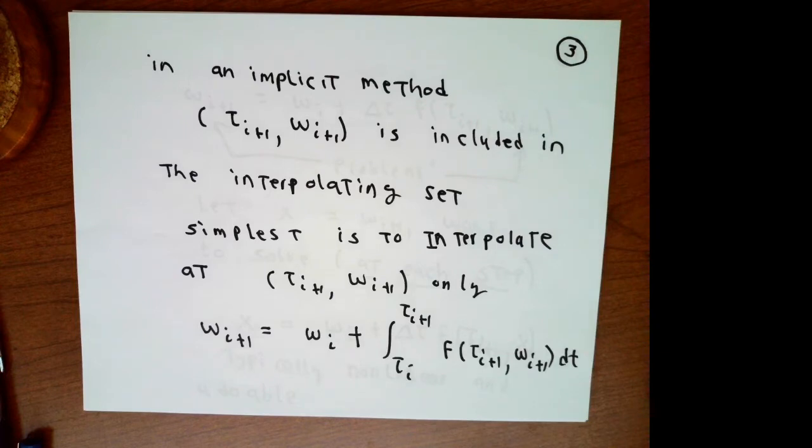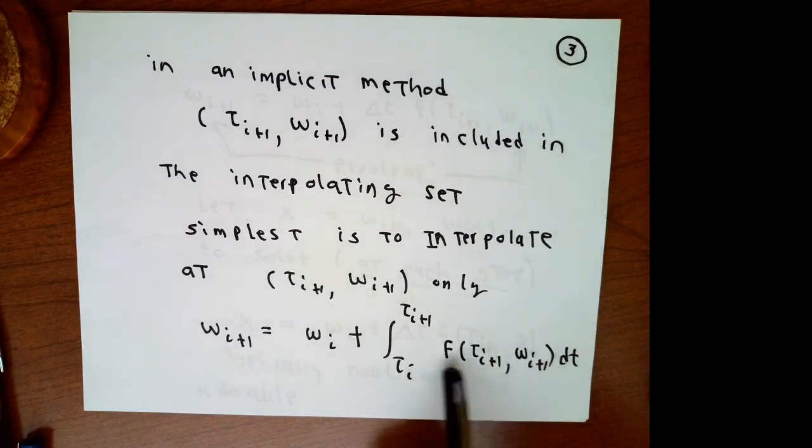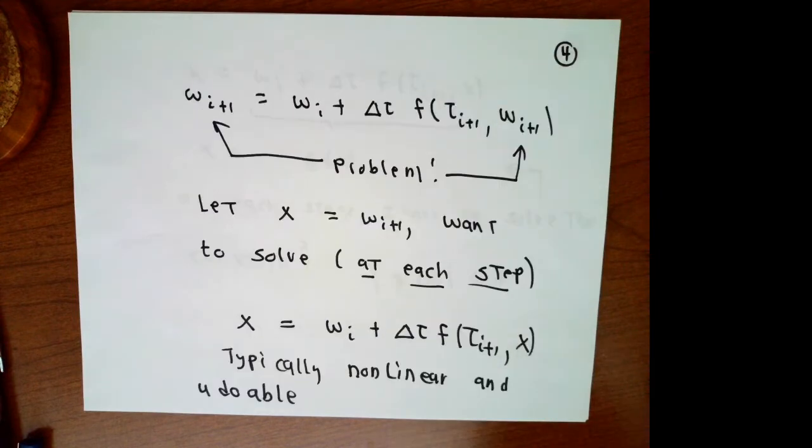Our approximation would then be wi plus 1 is wi plus the integral from ti to ti plus 1 of the constant value f ti plus 1 wi plus 1 dt, but you can see obviously there's a problem with that, even though in a certain sense the integral is easy to do since this is a constant.